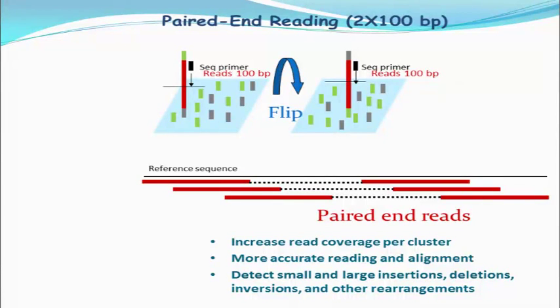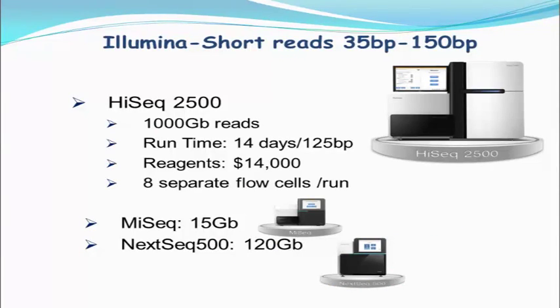The advantage of paired-end sequencing is that it increases the read coverage per cluster. It gives more accurate reading and alignments. And more importantly, paired-end sequencing will detect small and large insertions and deletions and inversions, and also other large gene rearrangements. Here is the Illumina instrument series.